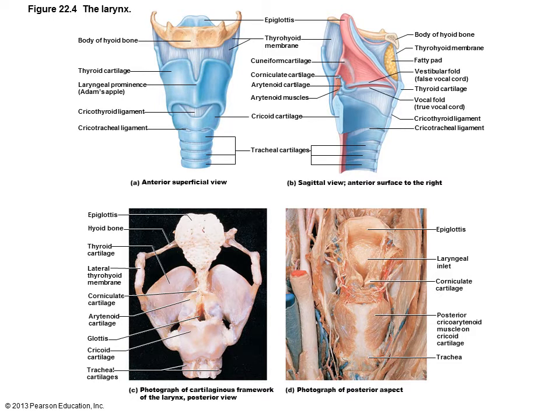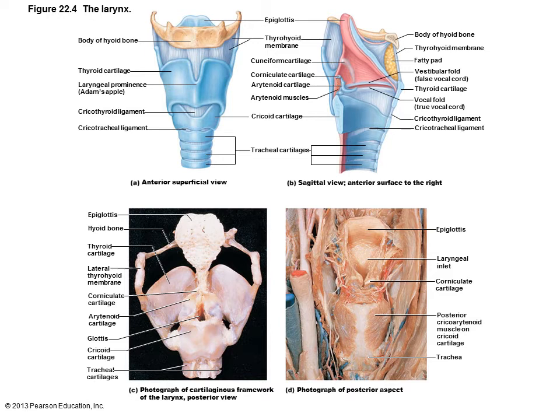The larynx attaches to the hyoid bone, opens into the laryngopharynx, and continues with the trachea. Functions of the larynx are to route air and food into proper channels, voice production, and housing the vocal folds. The larynx has nine cartilages. Most of them are hyaline cartilage except the epiglottis.